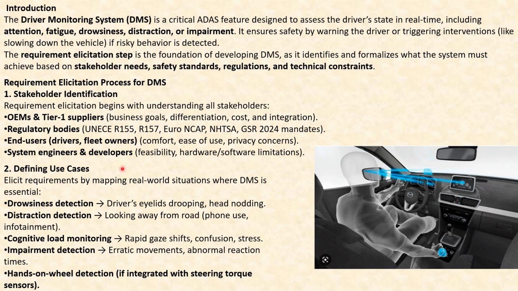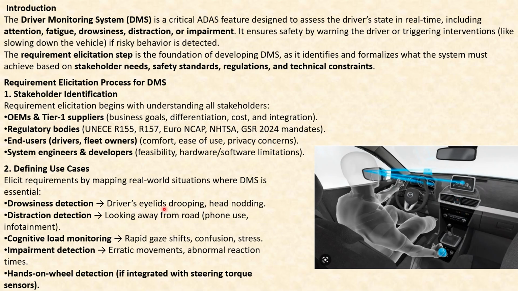Once you identify the stakeholders, next you take care of the use cases. Elicit requirements by mapping real world situations where DMS is essential. Talking about drowsiness detection: drivers' eyelids drooping, head nodding. This is one important use case because, especially on long drives and highways, sometimes the driver may fall asleep.